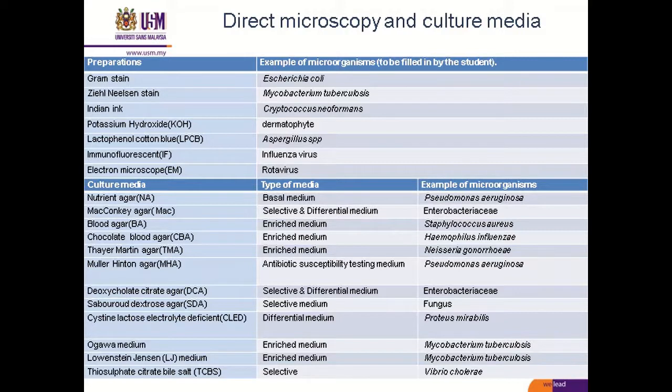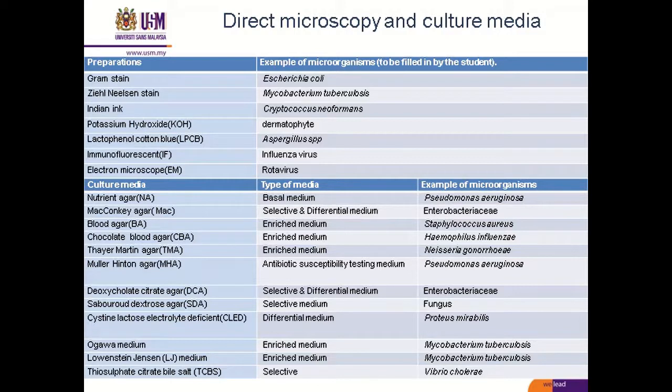And then there is medium such as MacConkey agar, which is both selective and differential. It is selective for gram-negative organisms, and it can differentiate between lactose fermenters and non-lactose fermenters. So this is used mostly for gut organisms, known as Enterobacteriaceae.